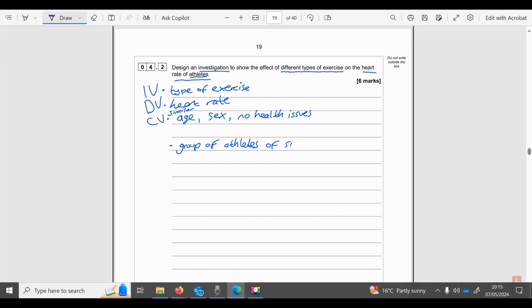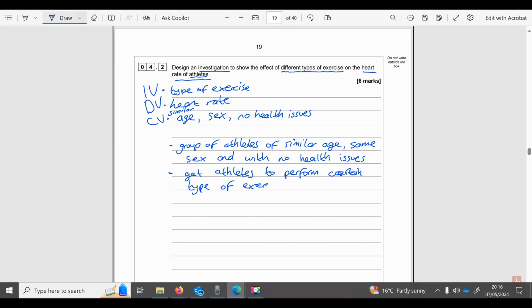Group of athletes of similar age, same sex, and with no health issue. Remember, we're going to now change the type of exercise. So, I want to then write down, get athletes to perform a certain type of exercise, for example, jogging.